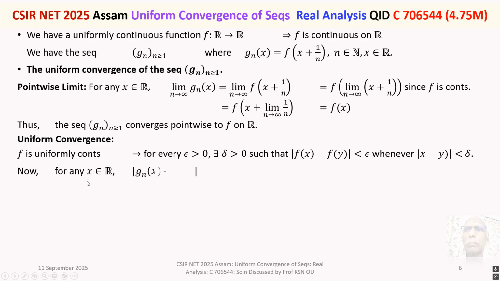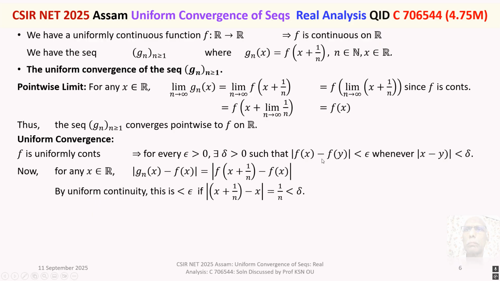Now, for any x belongs to R, modulus of Gn of x minus f of x. Gn of x is f of x plus 1 by n, so modulus of f of x plus 1 by n minus f of x. And this can be made less than epsilon when modulus of x plus 1 by n minus x is less than delta. x cancels, when 1 by n is less than delta. So, by the uniform continuity above, this can be made.